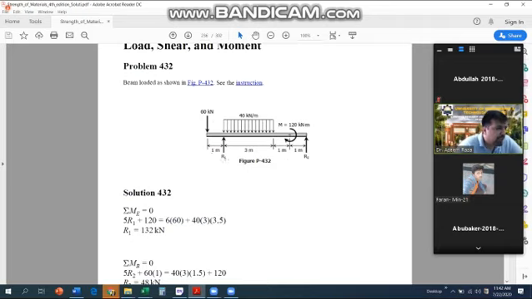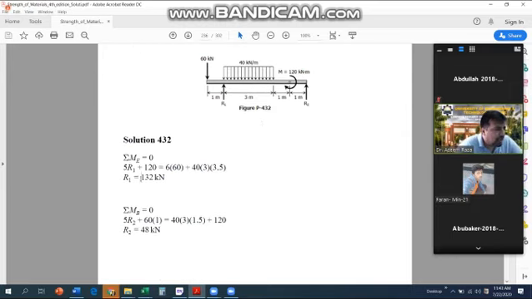Obviously, the first point will always be to find out the reactions R1 and R2. We know how to do this. R1 plus R2 would be equal to 60 plus 40 multiplied by 3, 120. So 120 plus 60. So you can find out R1 and R2. R1 is computed as 132, and R2 is computed as 48. They have not used the equation of R1 plus R2 equal to something.